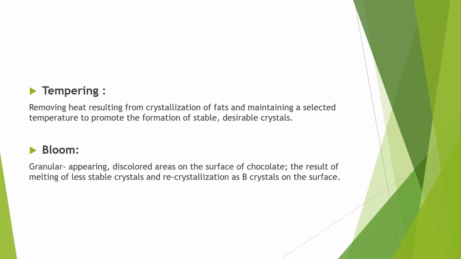And you know, after tempering, the blooming occurs, which is the discolored area which usually appears on the surface of the fat. Here they have given the example of chocolate, in which the formation of stable fat crystals occurs with the help of beta crystals.